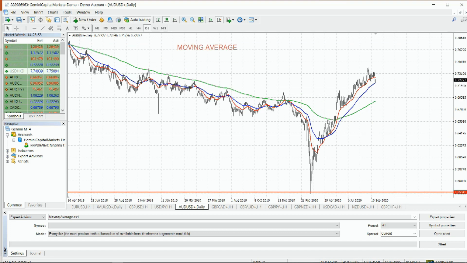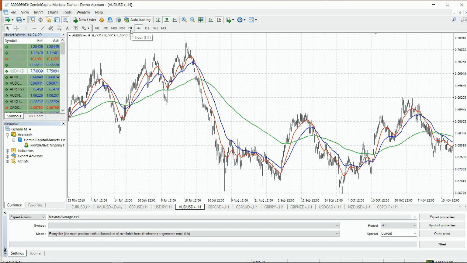Now, you see here where the market crossed above the 200 period moving average. As long as price stays above this, even if price comes back down here, the market is said to be in an uptrend.